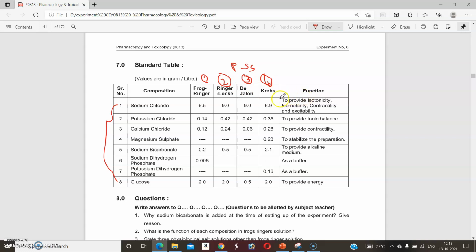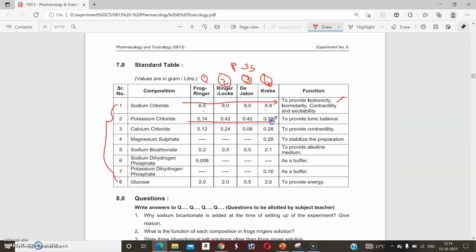So what are the functions of each and every chemical used to prepare this physiological salt solution? The values indicate the quantities required to prepare a specific type of physiological salt solution. So what is the role of sodium chloride? It provides isotonicity, isomolarity, contractility, excitability.